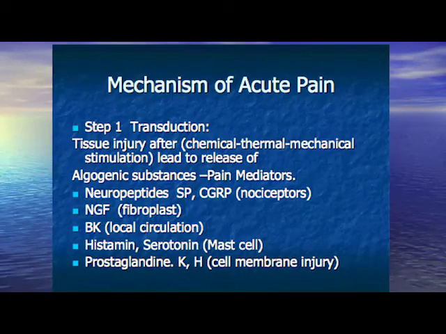There are many of these mediators. The ones we know for now are the neuropeptide CGRP coming from the nerve endings, the nerve growth factors coming from fibroblasts, the bradykinin from the local circulation, and the histamine and serotonin from the mast cells. All these mediators are now identified as pain mediators that start the pain pathway.